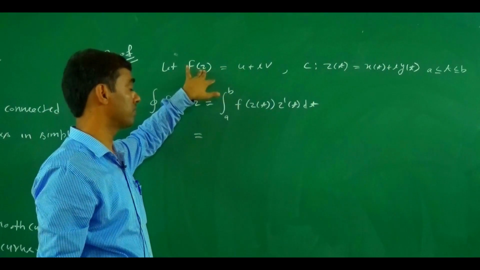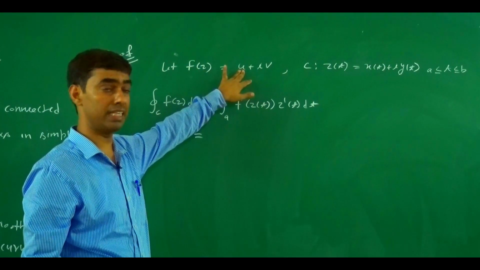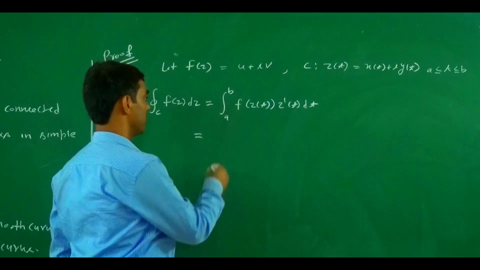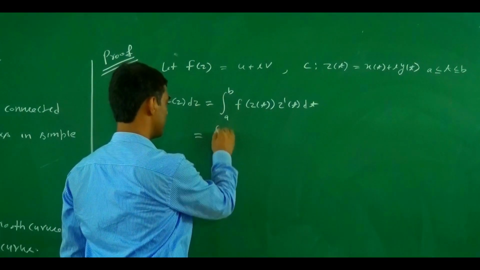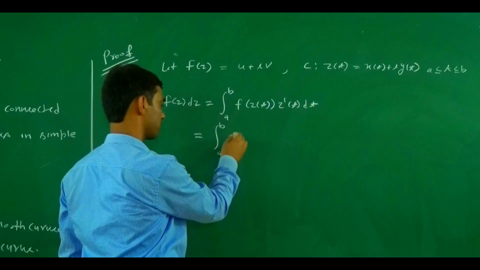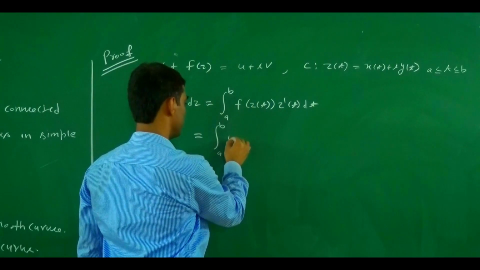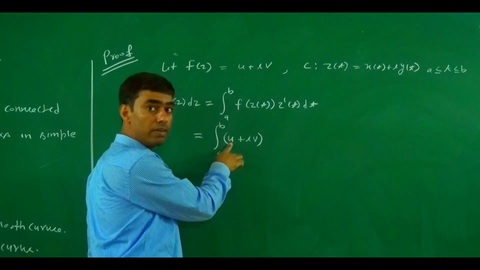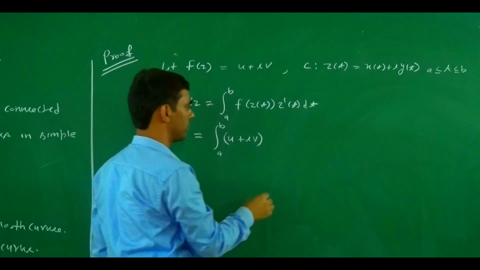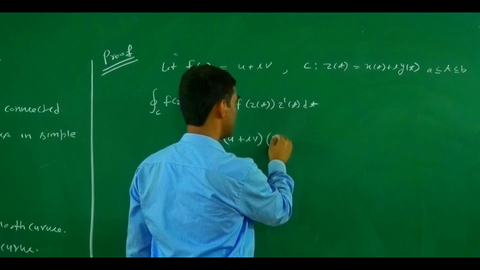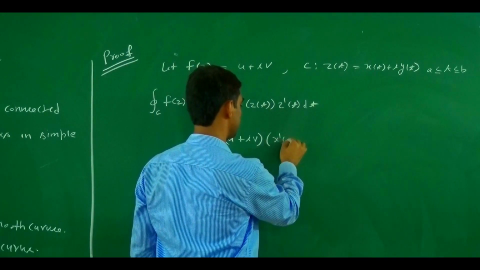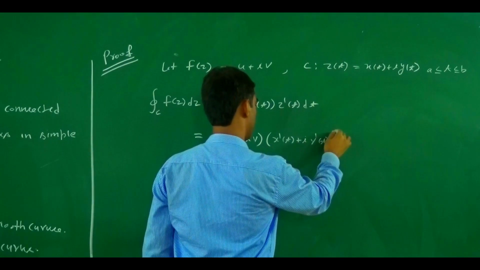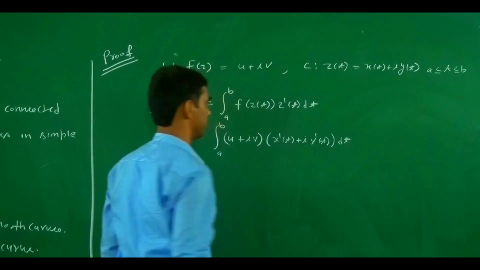If we write z in terms of t, then u becomes a function of x(t) and y(t); v is also a function of x(t) and y(t). So this becomes the integral from a to b of u plus iv, where u and v are functions of x(t) and y(t), and z'(t) can be written as x'(t) plus iy'(t), all of this times dt.